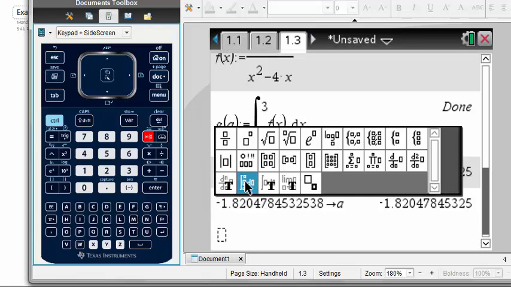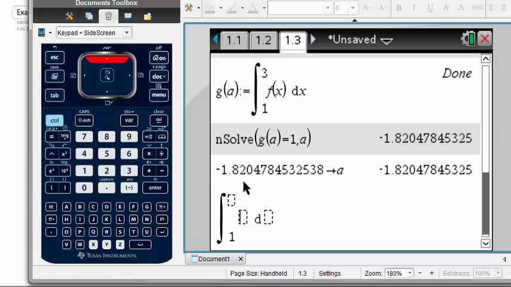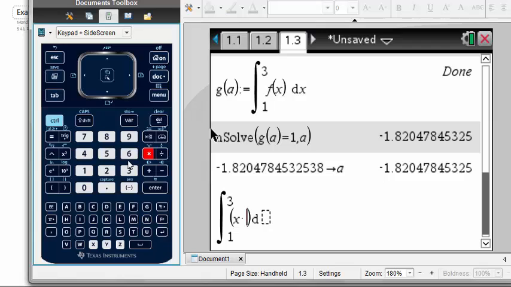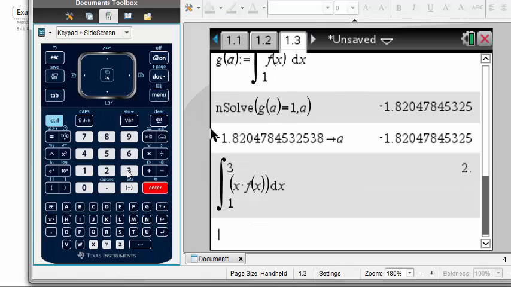So I'm going to integrate from 1 to 3. And I'm going to do x times f of x dx.